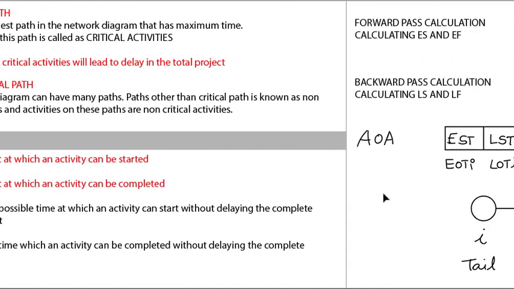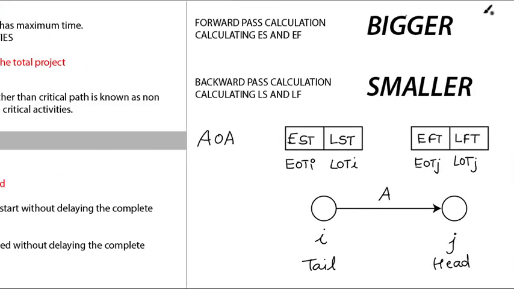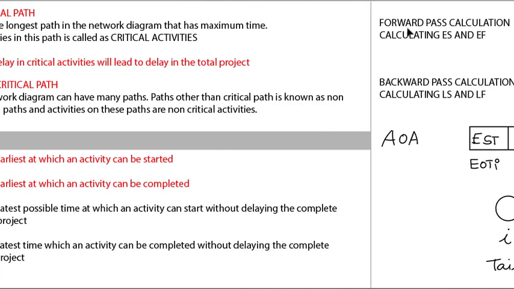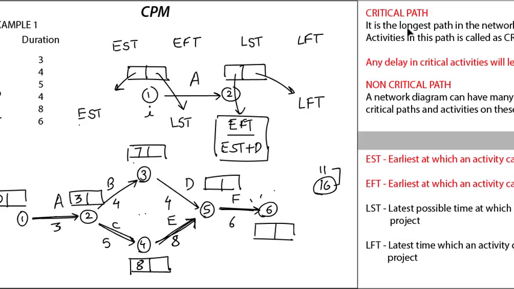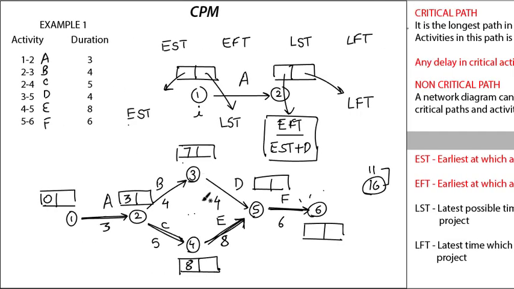In forward pass calculation, we should always choose the bigger number. So here, of 11 and 16, the bigger number is 16. Then 16 plus 6 gives me 22. You might have noted A, C, E, F, the total duration was 22, so that we arrived over here, that is 22.